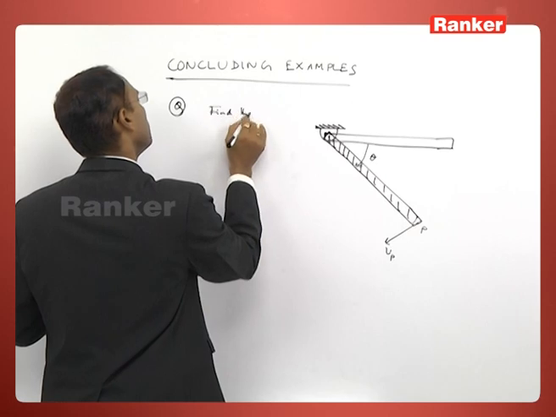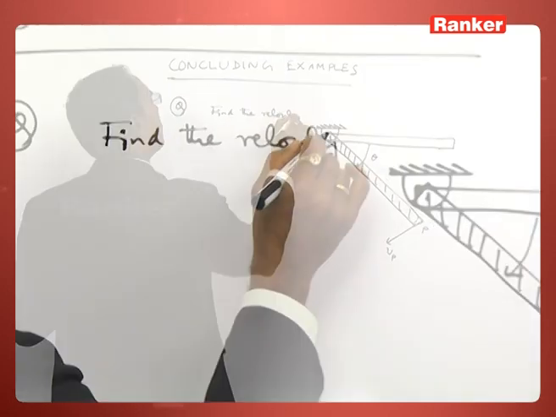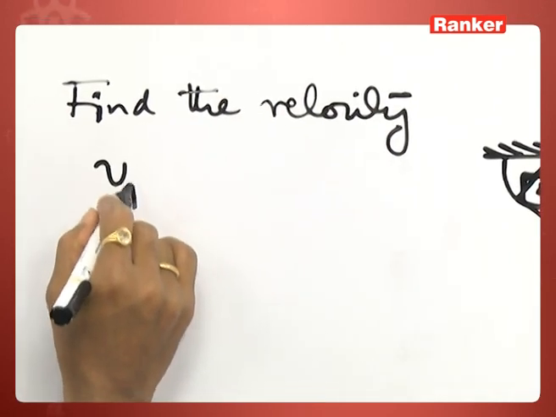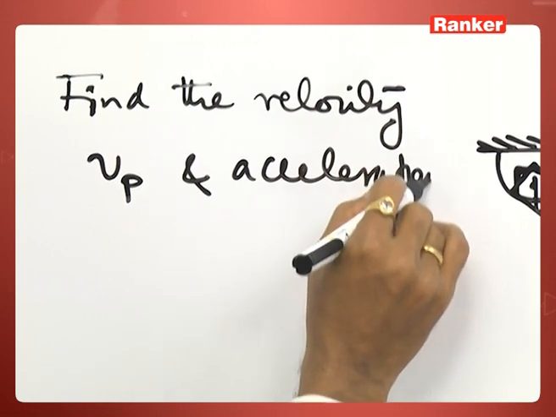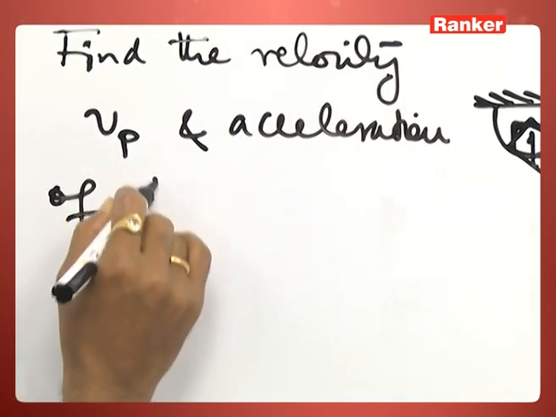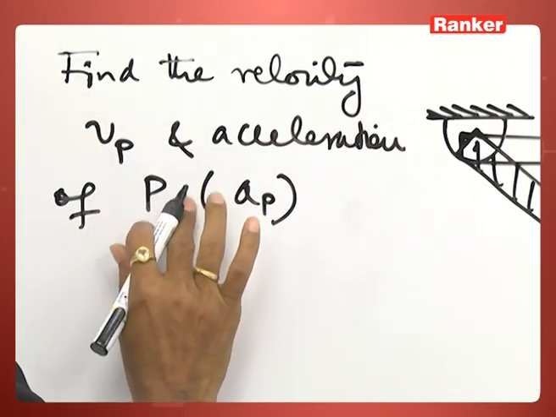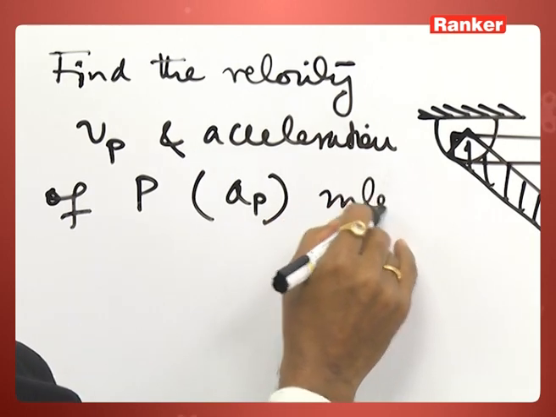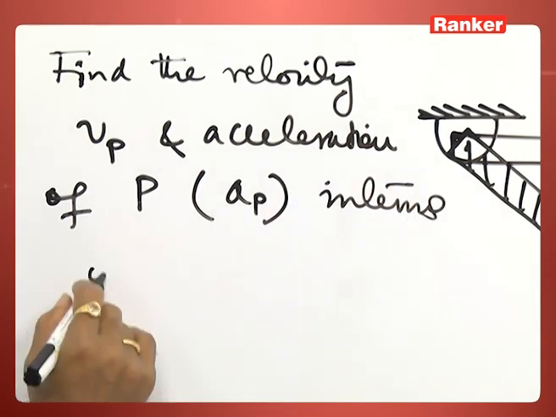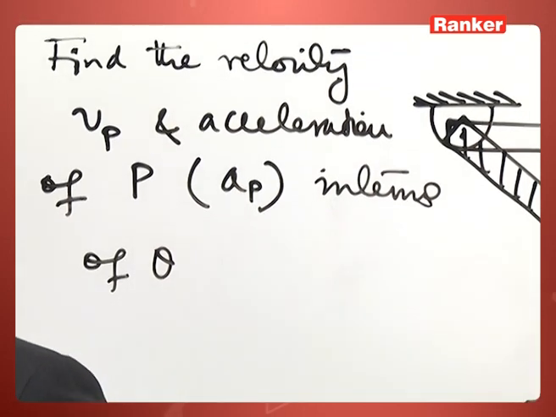Find the velocity and acceleration of P, that is Ap, in terms of theta, omega and alpha.